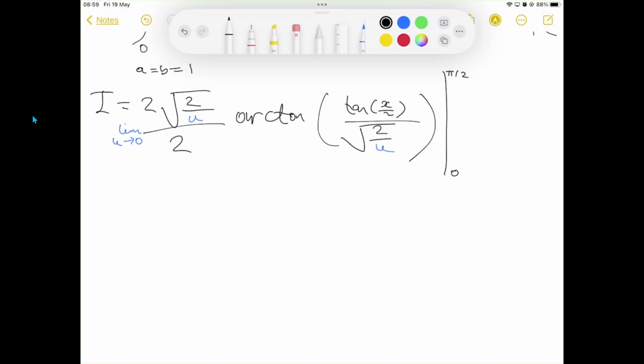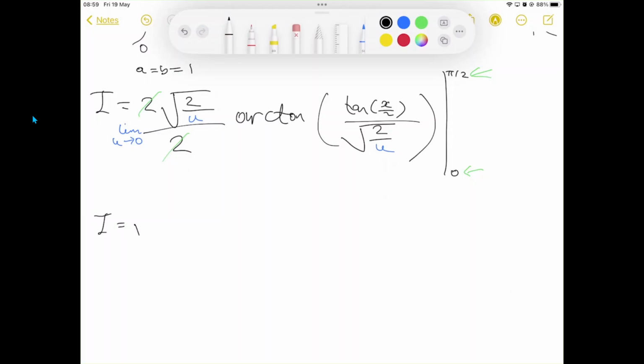How are we meant to do this limit? Well, firstly, these 2's, they cancel. Let's work on the fact that we have to sub in these two limits into x.